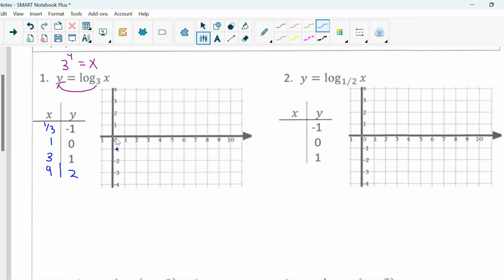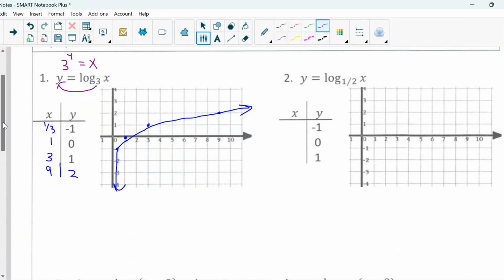At y value of 0, I have 1, 1 and 3, 2 and 9. So my function is going to look something like this. Remember, the y-axis is our asymptote, so it'll get really close to that, but it'll never actually touch it.